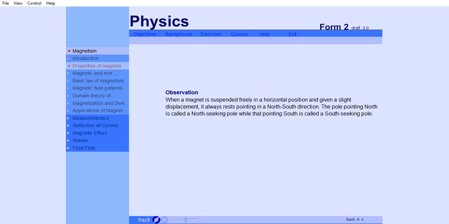Observation: when a magnet is suspended freely in a horizontal position and given a slight displacement, it always rests pointing in a north-south direction. The pole pointing north is called a north-seeking pole, while that pointing south is called a south-seeking pole.